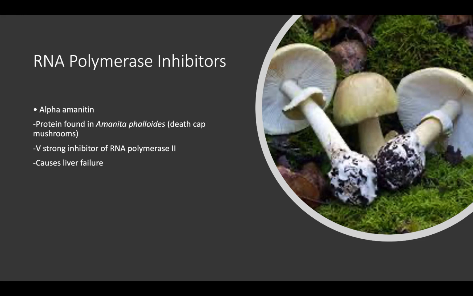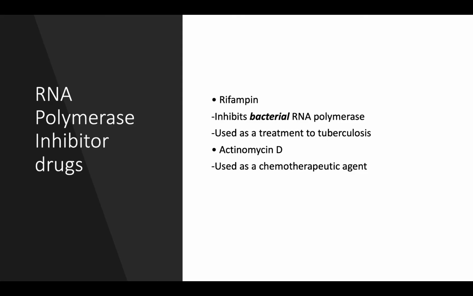Others also have clinical uses, not necessarily poisons, but actual drugs that you can use. If you want to inhibit the bacterial RNA polymerase selectively, so that it will not affect your own RNA polymerase or will affect it only minimally, there is rifampin, which you have heard of as part of the tuberculosis drugs. This is an RNA polymerase inhibitor.